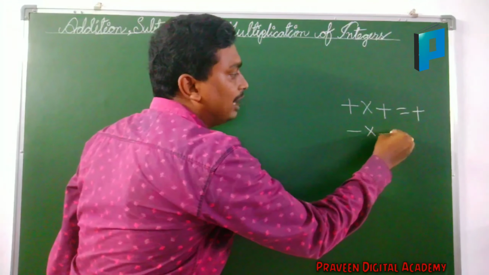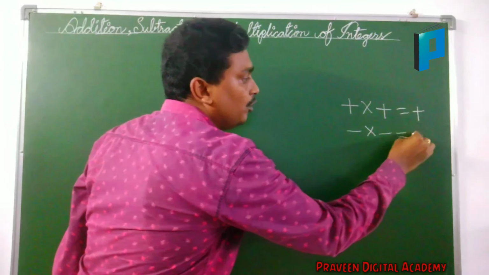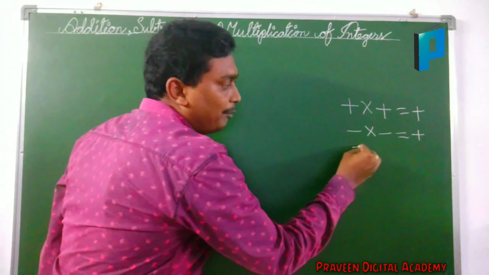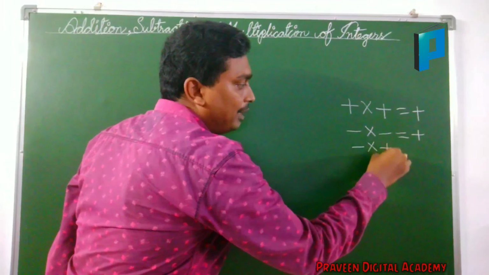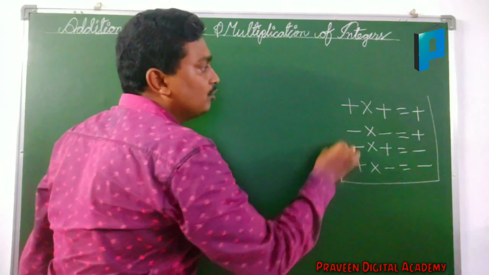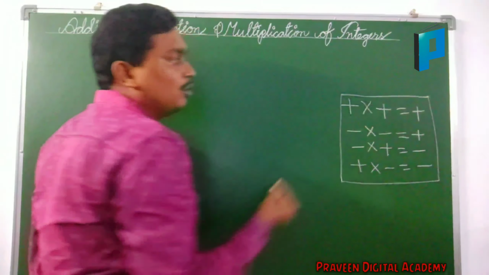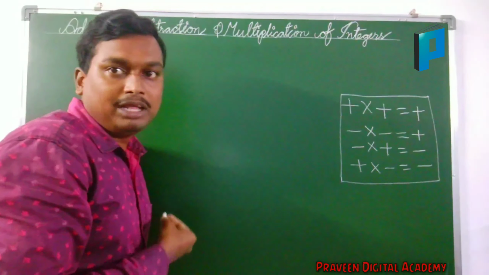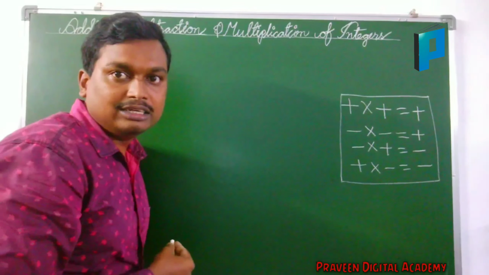When minus is multiplied by minus, we will get plus. When minus is multiplied by plus, we will get minus. When plus is multiplied by minus, we will get minus. By these 4 formulas, we can solve the multiplication of integers.